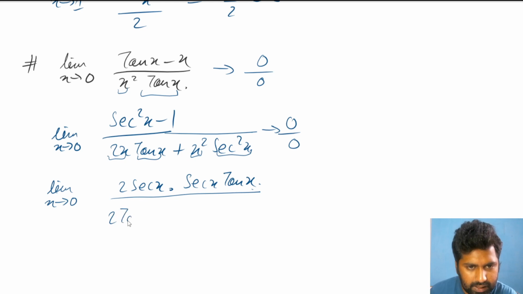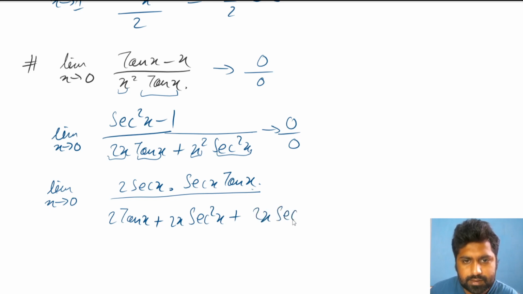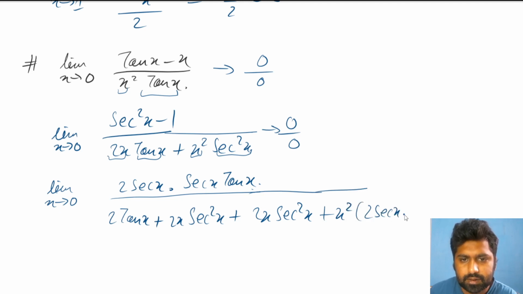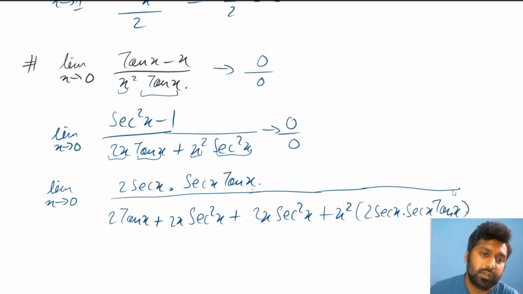So I get 2 tan x plus 2x times sec square x, the differentiation of tan x, plus here it is 2x sec square x, then plus x square times the differentiation of sec square, which is 2 sec x into sec x tan x. Getting lengthy.